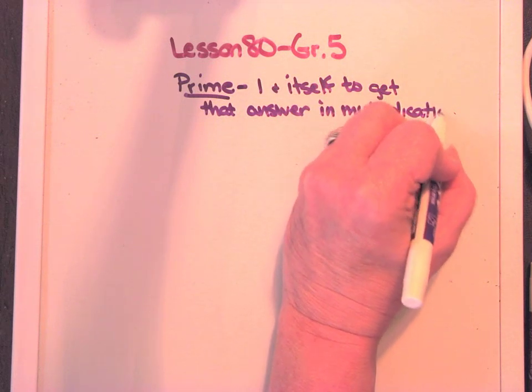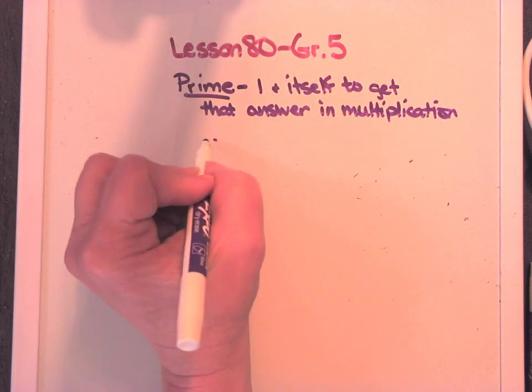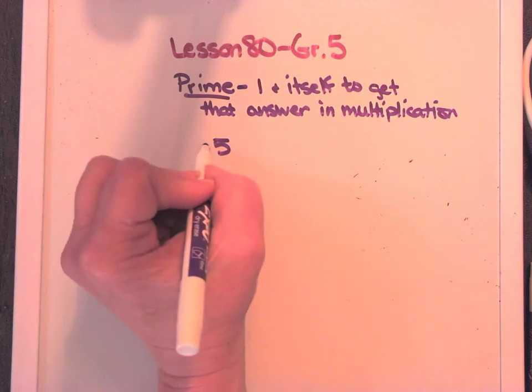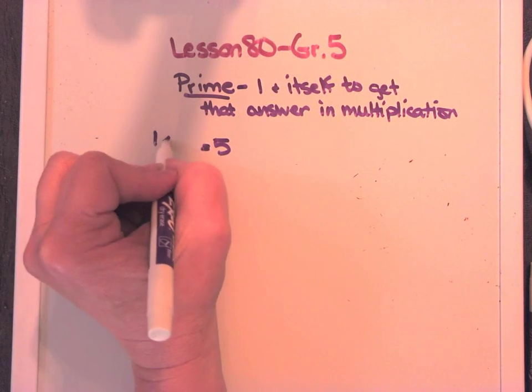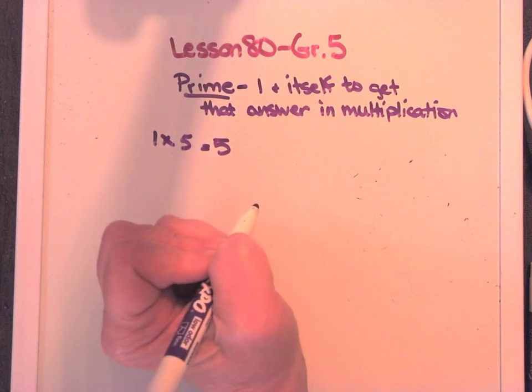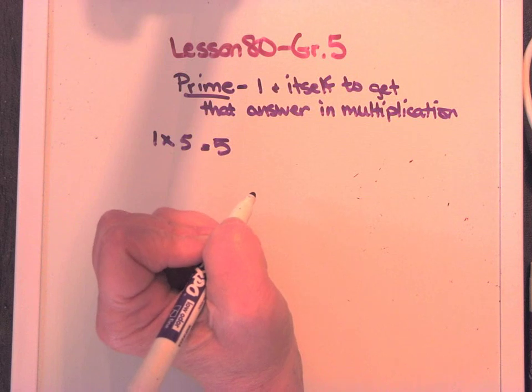So, for example, if I have the number 5, the only way I can get 5 is by doing 1 times 5. I can't do it by 2, I can't do it by 3, I can't do it by 4, only 1 and 5. That makes it a prime number.